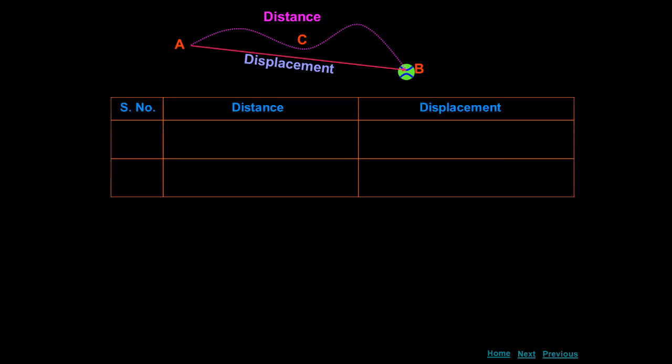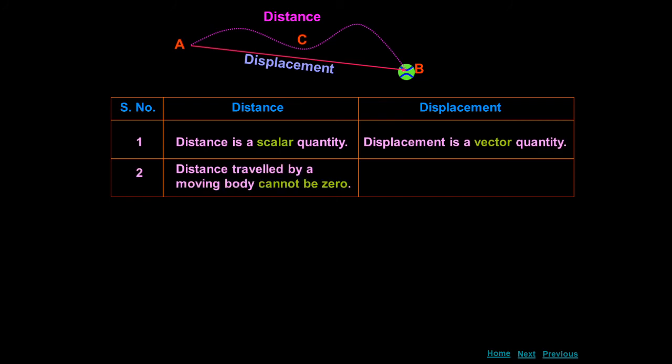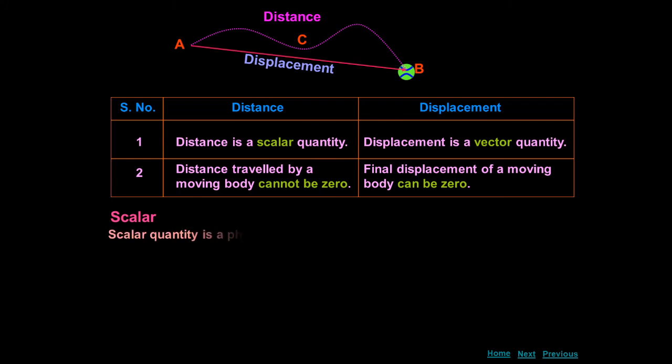Now the difference between distance and displacement. Distance is a scalar quantity while displacement is a vector. Distance travelled by a moving body cannot be zero, but displacement can be zero. Here two words came, scalar and vector. Now what is a scalar?